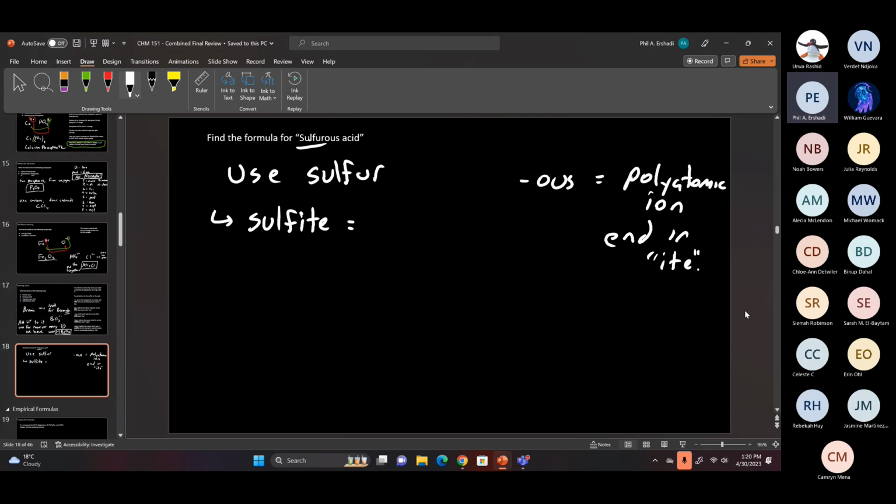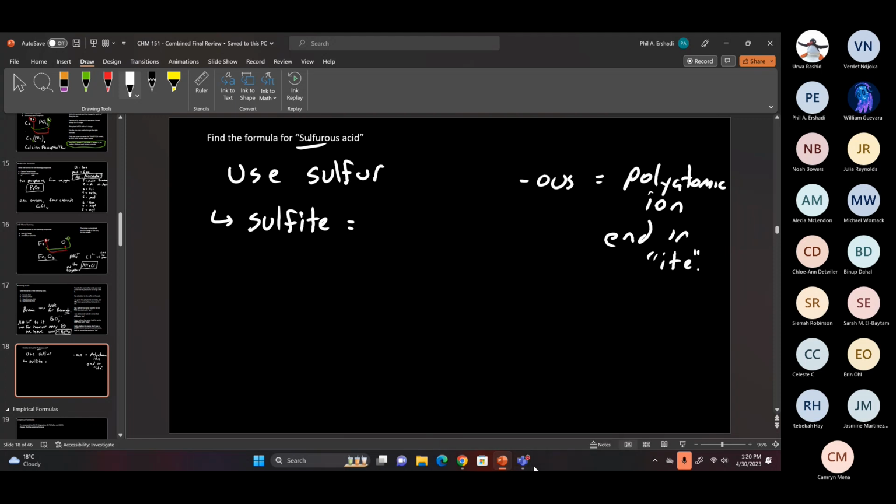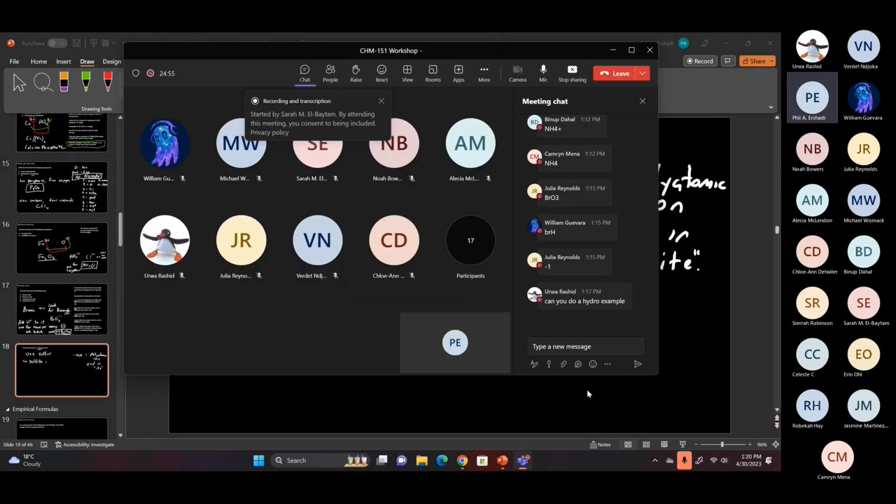What is the correct formula for sulfite? And what is the charge for sulfite? Does anyone know sulfite? Want to take a shot at it?